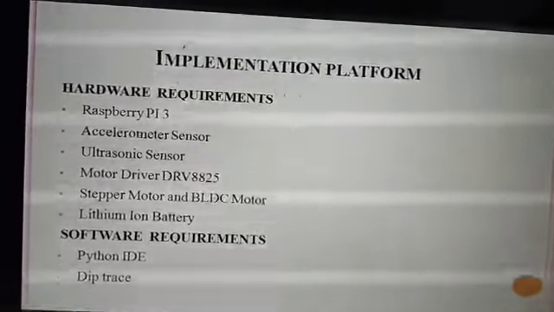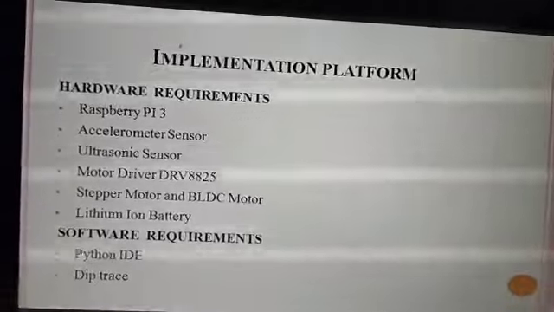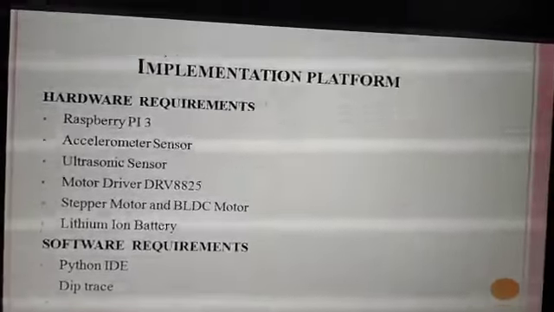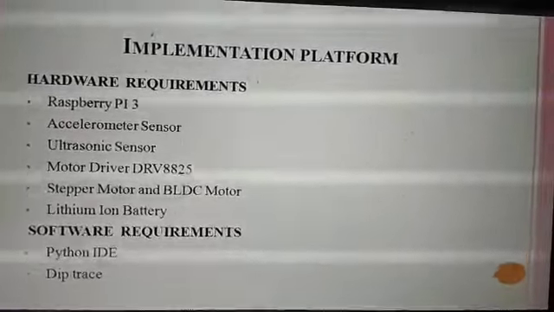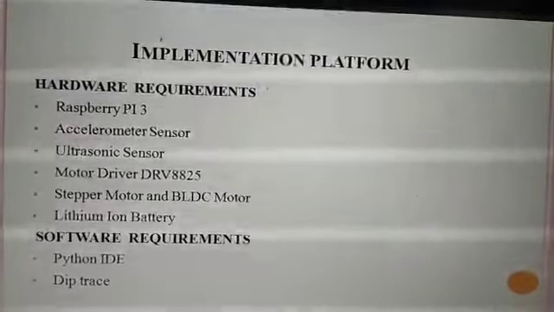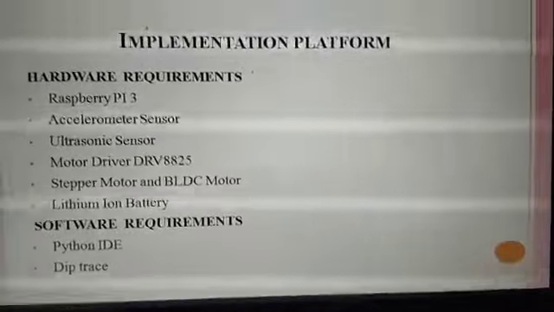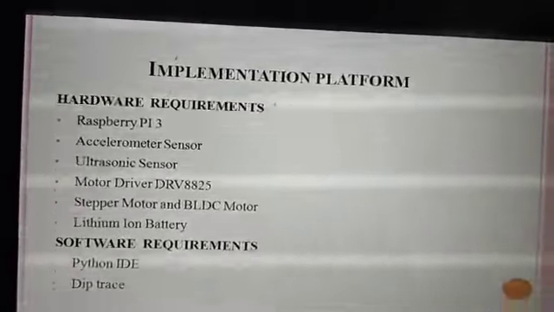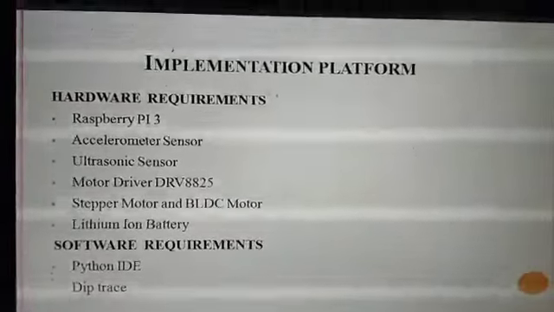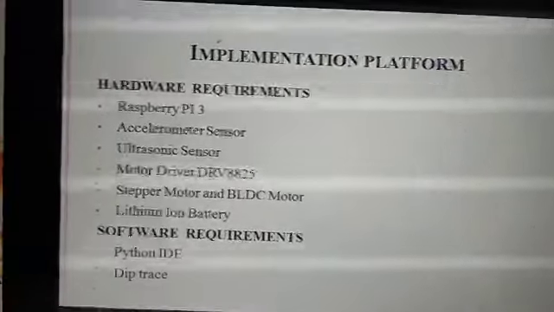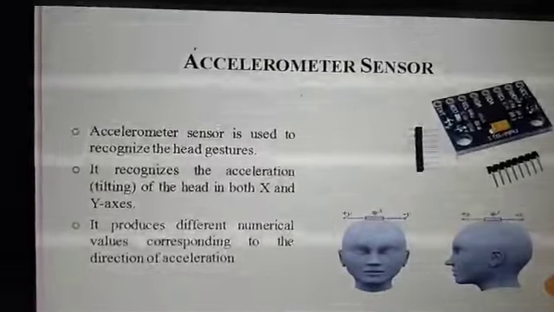Implementation platform. The hardware requirements are the Raspberry Pi 3 controller, accelerometer sensor, ultrasonic sensor as the obstacle detector, motor driver DRV8825, stepper motor and BLDC motor for speed and direction control, and a lithium battery for the power supply. The software requirements are Python IDE for Raspberry Pi 3 programming, and software for PCB designing.